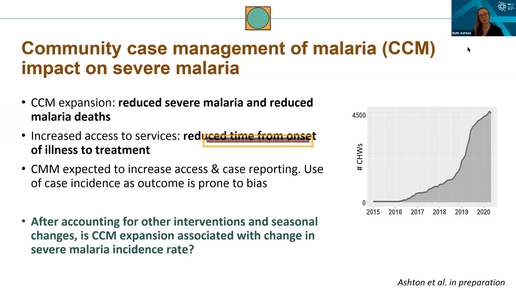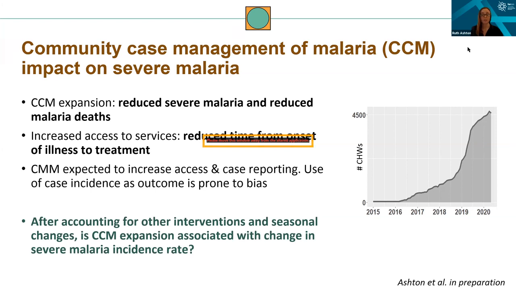So we instead took a slightly different approach and decided to look as our outcome at severe malaria. So our hypothesis here is that if we see an increased access to services through these community health workers, there would be a reduced time for a patient from when they become ill to when they seek treatment. And by reducing that time for them to seek treatment, you're reducing the likelihood for any of these cases to progress into severe malaria.